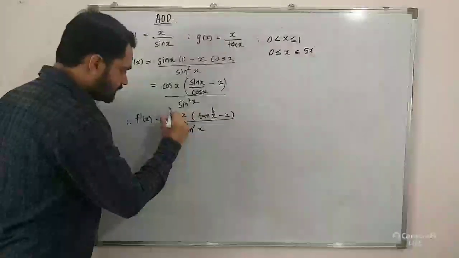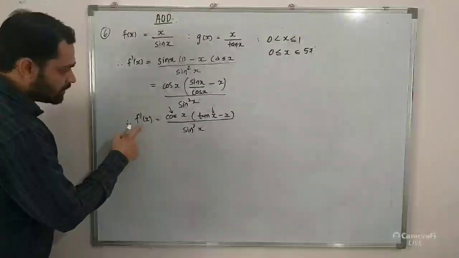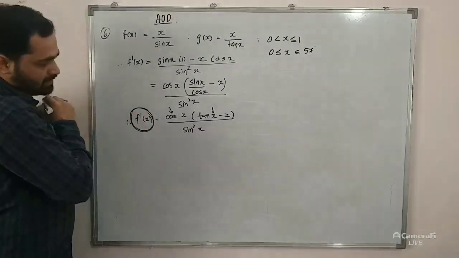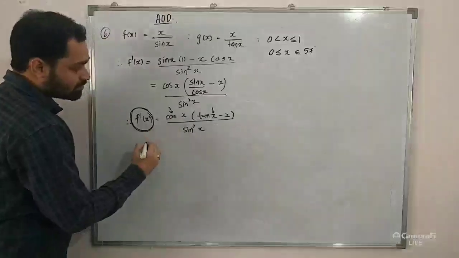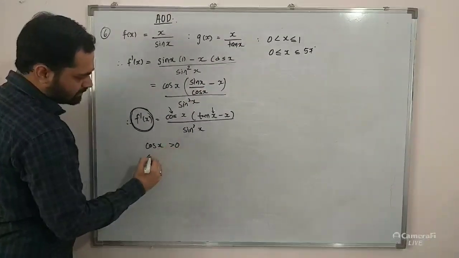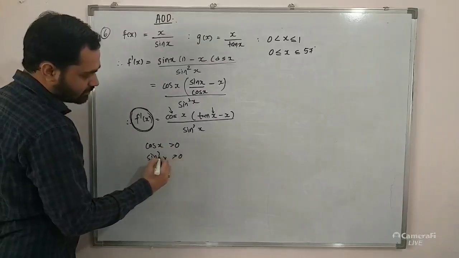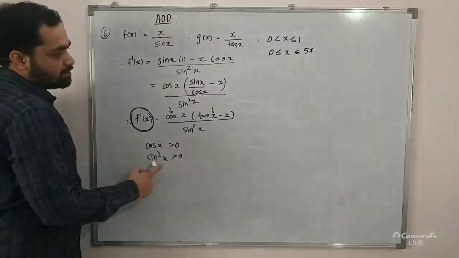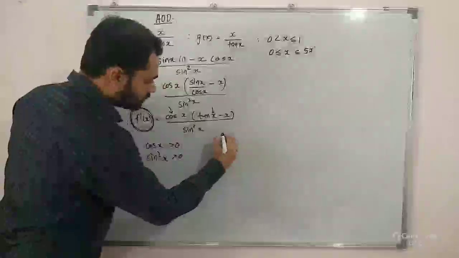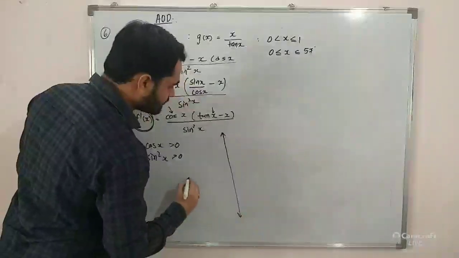In the first quadrant cos x is positive, and the denominator is also positive because sine is positive in the first quadrant. But now for tan x minus x, we are going to draw a graph of tan x.